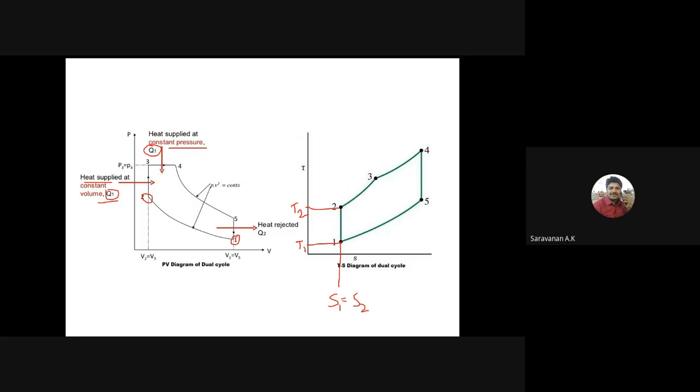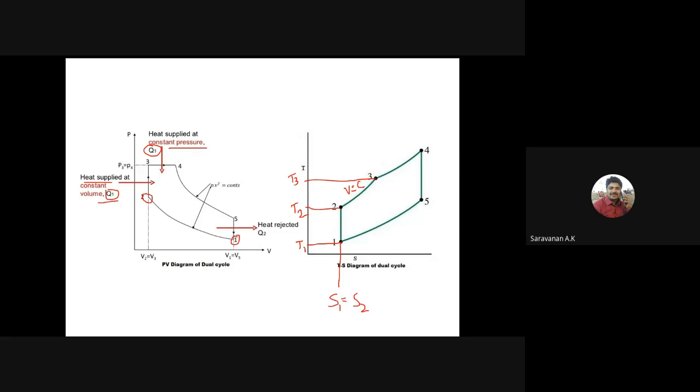Then the 2 to 3 process is a partial heat addition at constant volume. This curve indicates constant volume. Here some partial heat addition is there, so the temperature of the system increases.